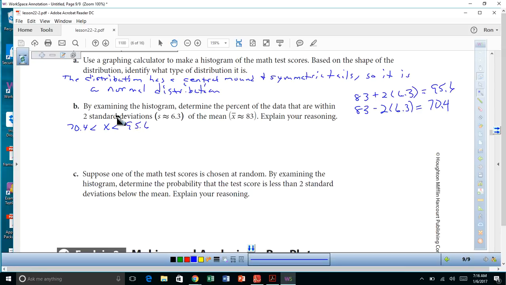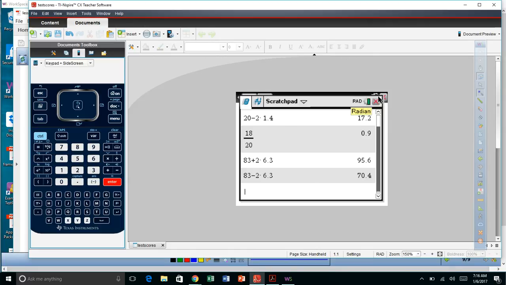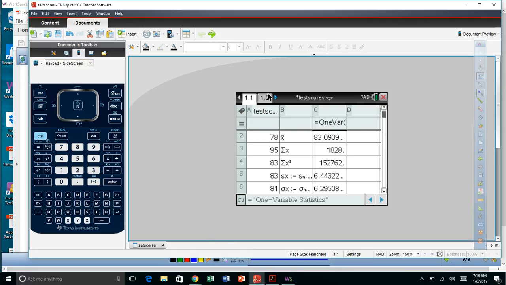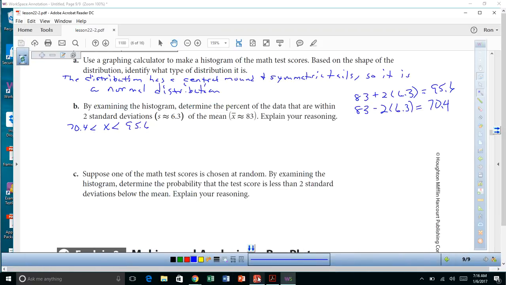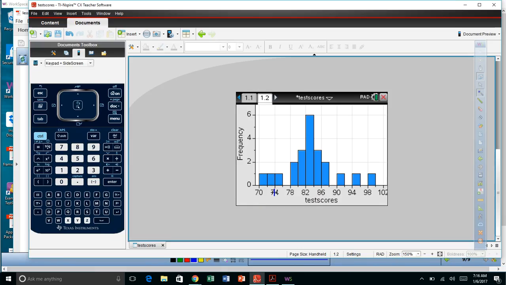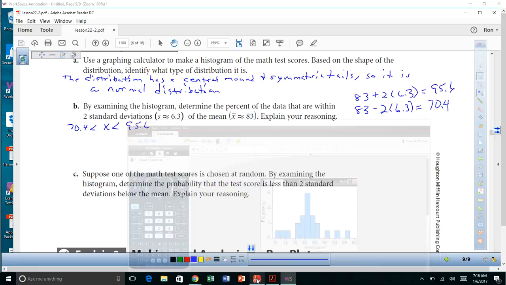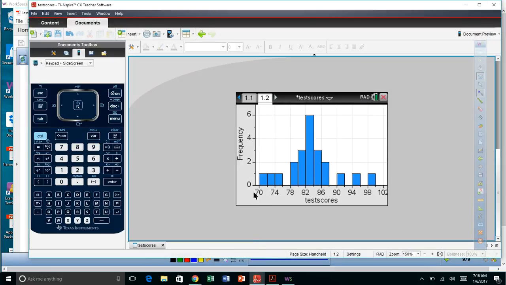Determine the data that are within 2 standard deviations. So how many are inside of that? Let's go and look. We're looking at from 70.4 to 95.6. So we're going to start here at 1.